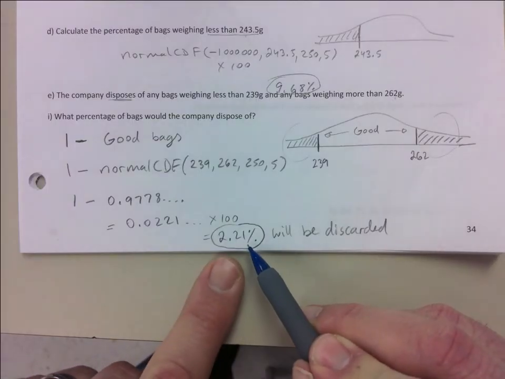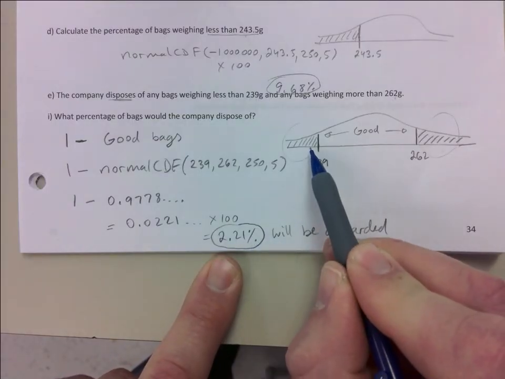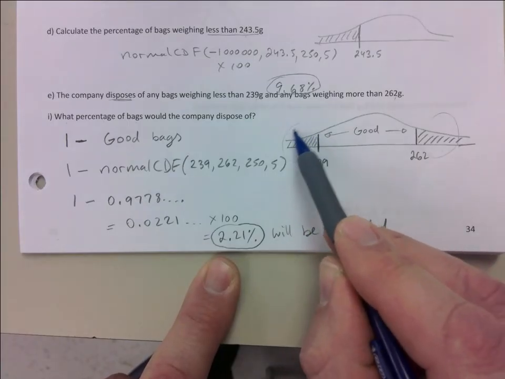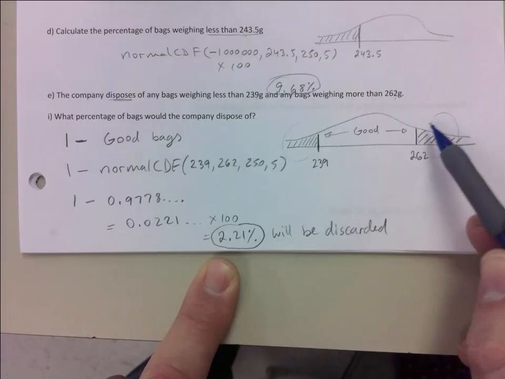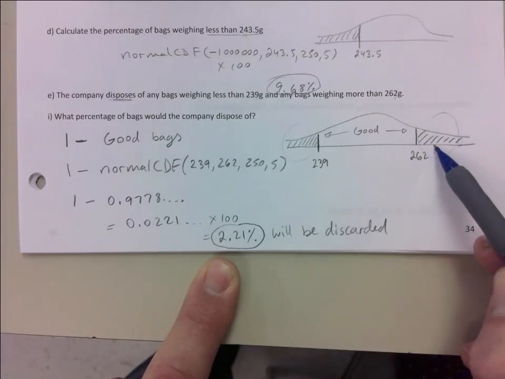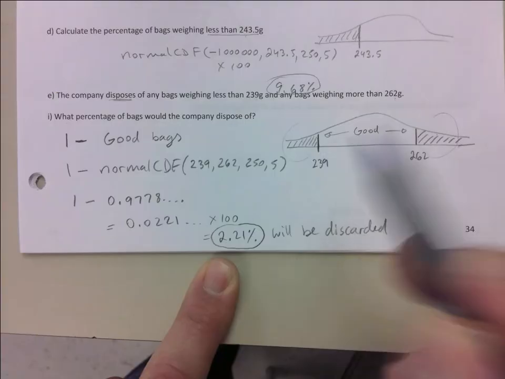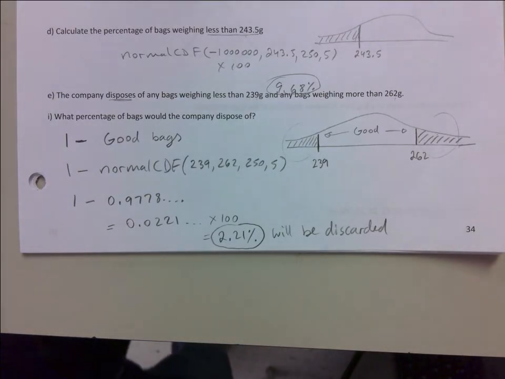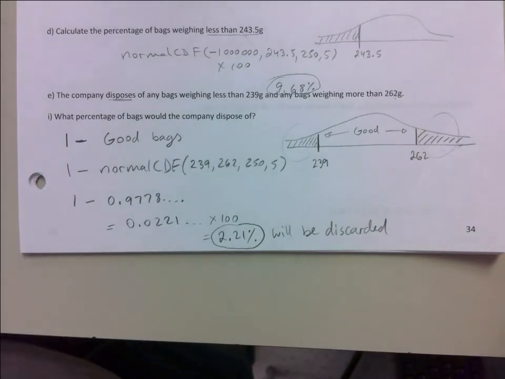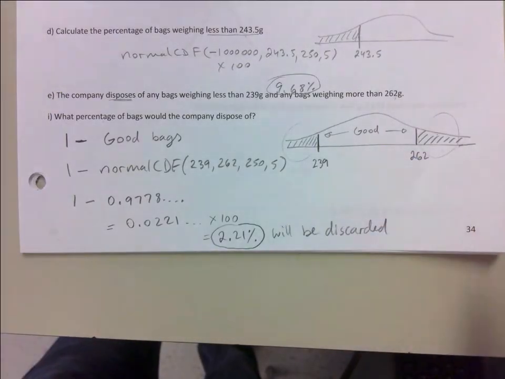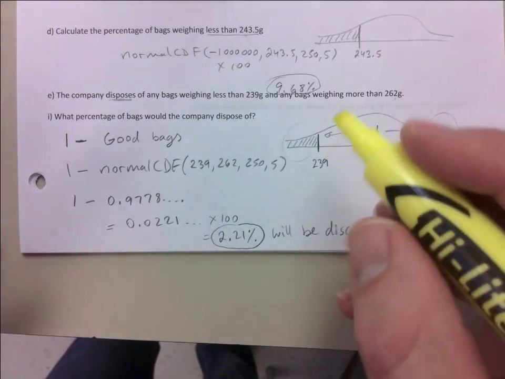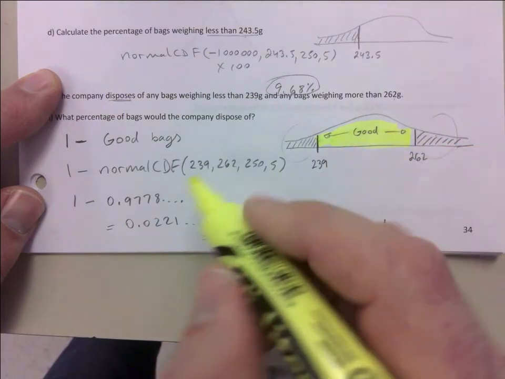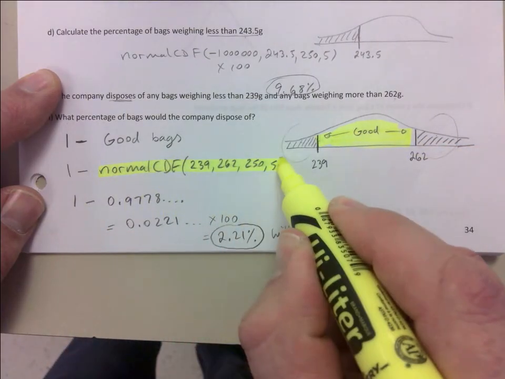So 2.21% will be discarded. Another way of having done this is, yes, you could have done a normal CDF to figure out what this is, another normal CDF figuring out what this is, and then add them up, that's up to you. That's a lot of normal CDF, if you ask me. So this is a shortcut here. Basically, if you want to highlight this part, I'm taking that away from 1.